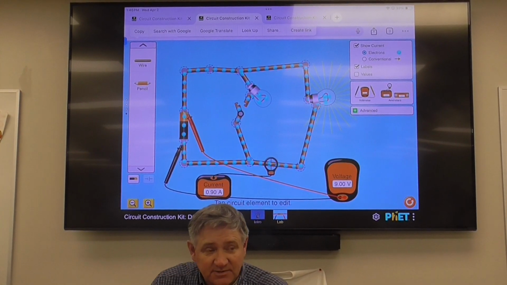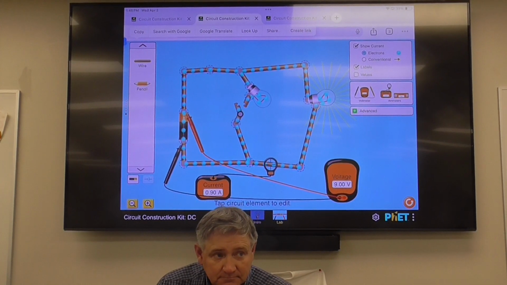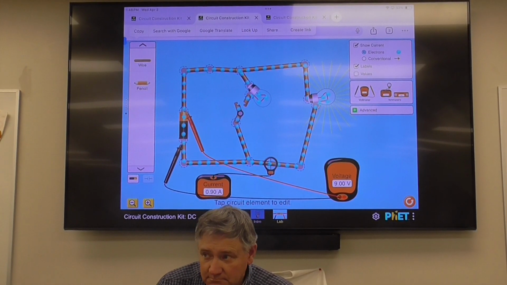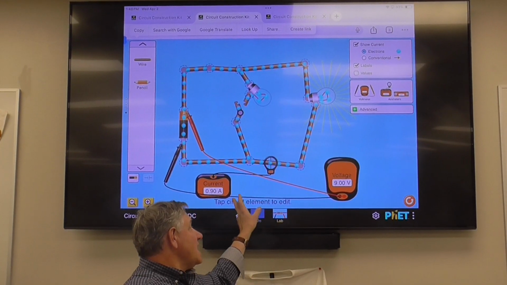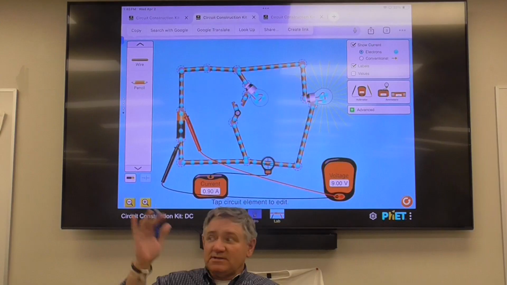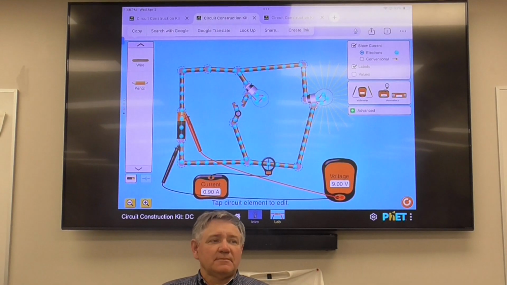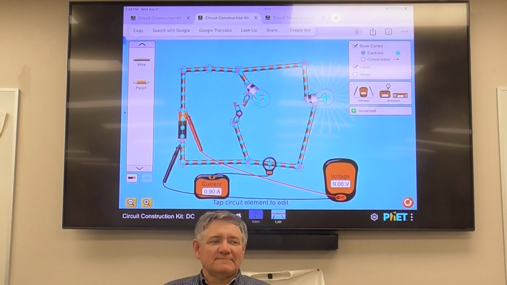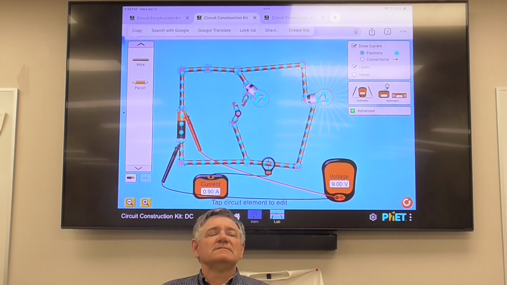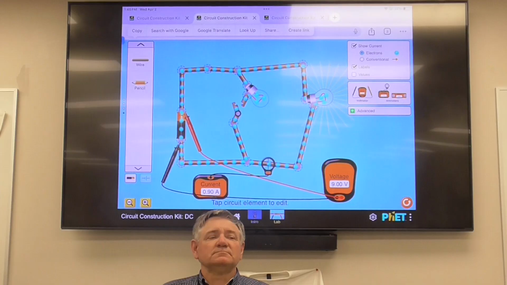Increase, decrease, or stay the same? Increase. Why, Kevin? Because the resistance goes down when it's in parallel because you invert it.